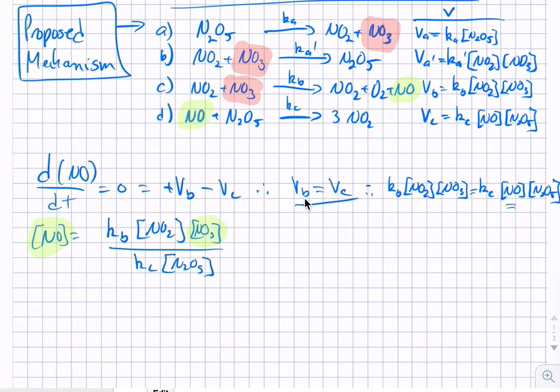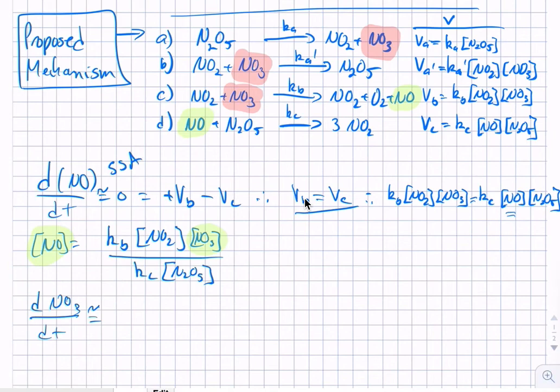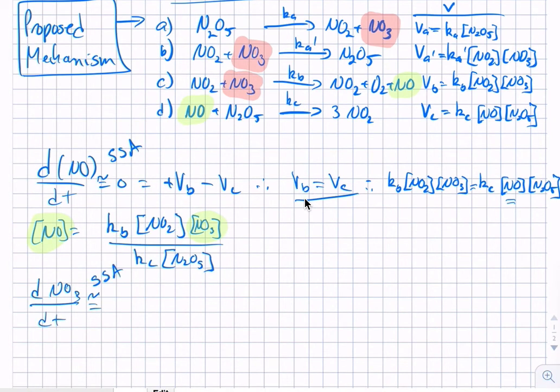So now let's apply the steady state approximation of NO to NO3. So to keep in parallel with that, dNO3/dt, if we apply the steady state approximation, and I'll just say SSA here and SSA, so we highlight the need to use the steady state approximation.